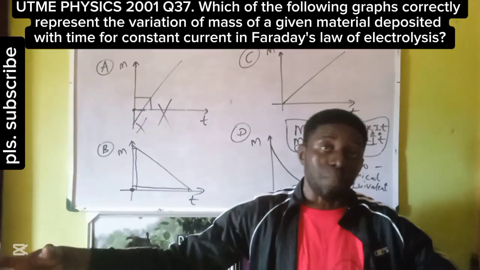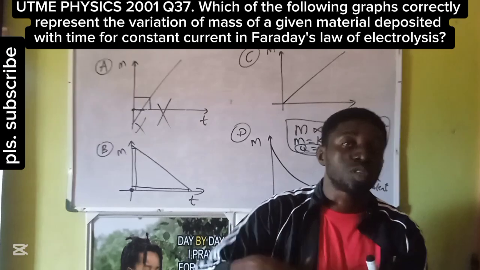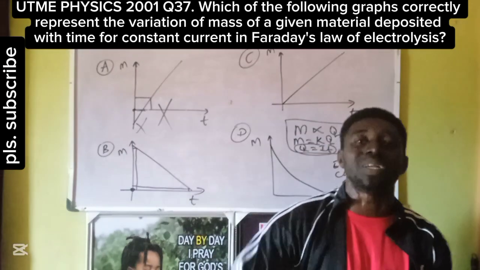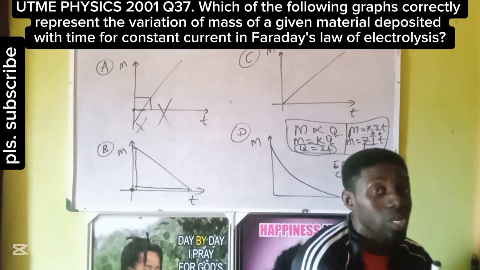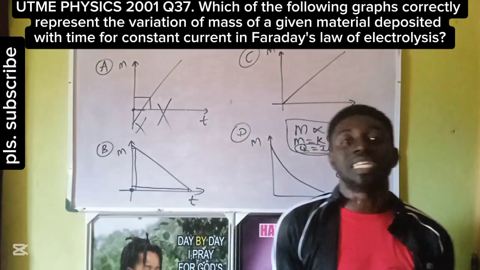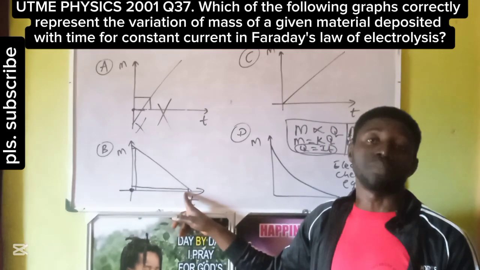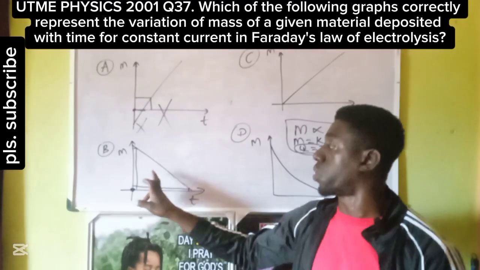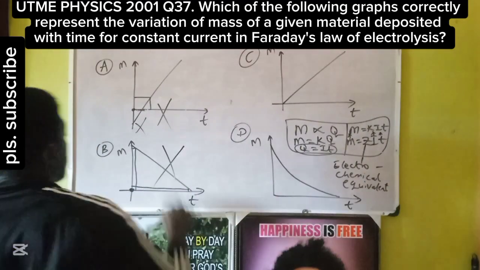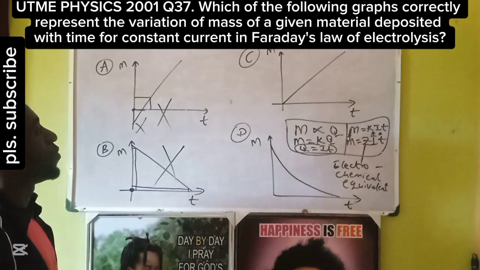It takes a greater time, which implies that a greater quantity of charge has entered the solution to liberate the mass. So this one is saying the opposite, that it takes a very short time to liberate a very big mass, and a long time to liberate a very tiny mass. So this is wrong. We'll fault this.